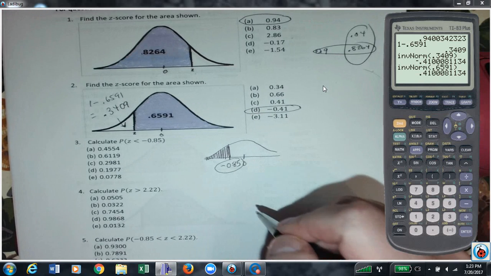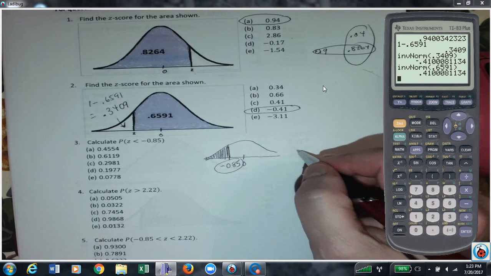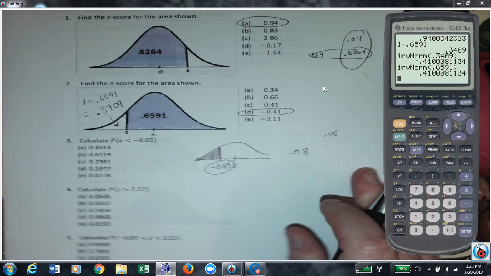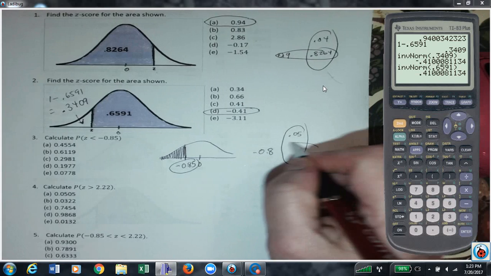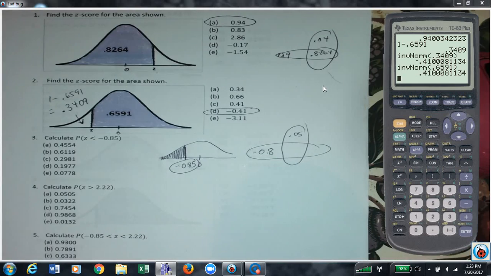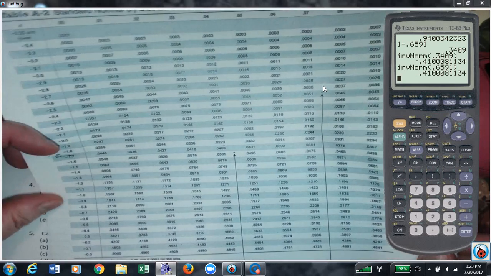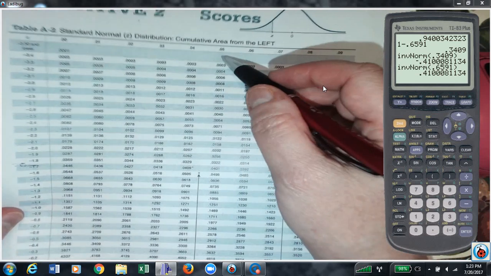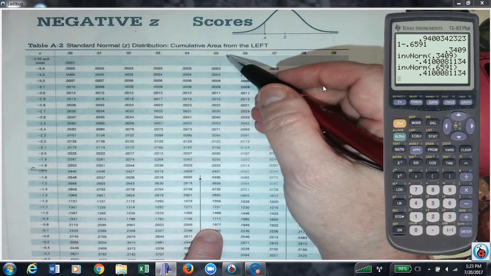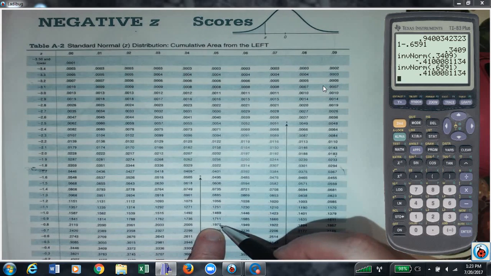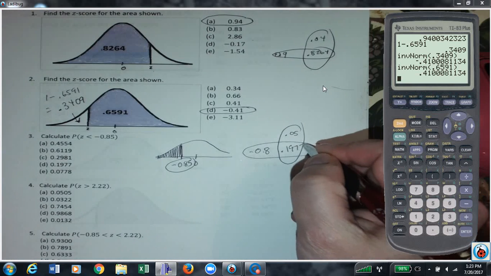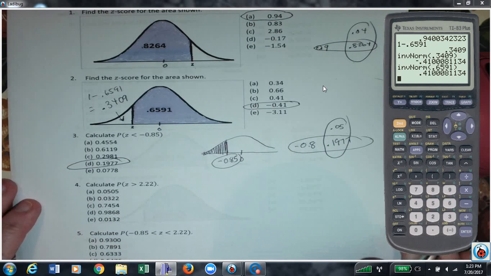Now, I've got the z-score, so I could look it up directly on the negative charts to get that shaded area, because that's what we want. So negative 0.8 and then the 0.05 column, and they connect there at 0.1977, which is what we want.